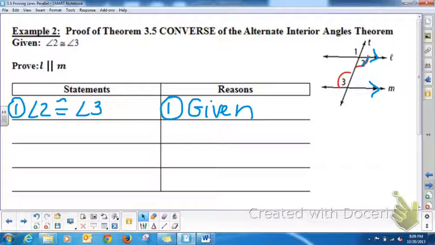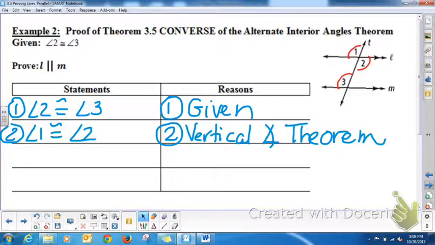If we know 2 is congruent to 3, what else? What other angle is congruent to 2? Yeah, angle 1. Why? What are 1 and 2 to each other? That's right, they're vertical angles. So we know that angle 1 is congruent to angle 2 using the vertical angle theorem.